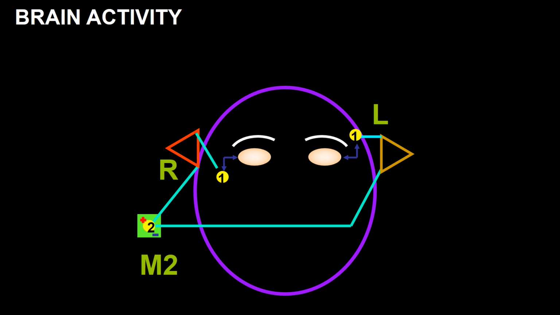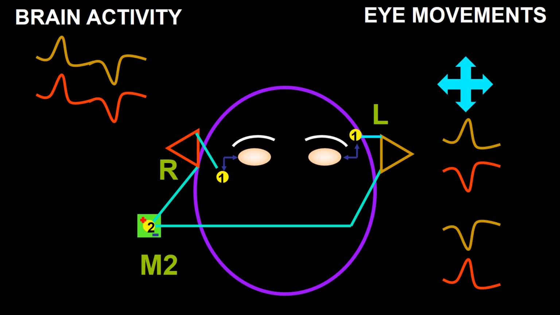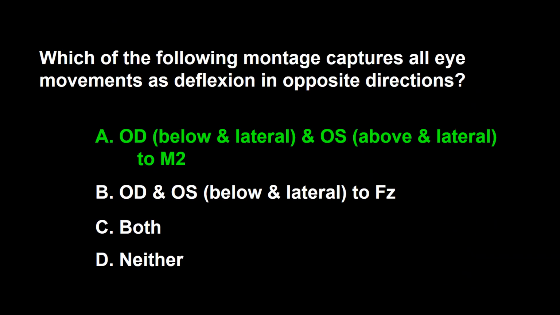Using this montage, all activity arising from the brain will be in phase, depicted by the different colored waves representing the different amplifiers. On the other hand, eye movements, regardless of their direction, up or down, to one side or the other, are recorded as out of phase activity. So the answer to this question is A.